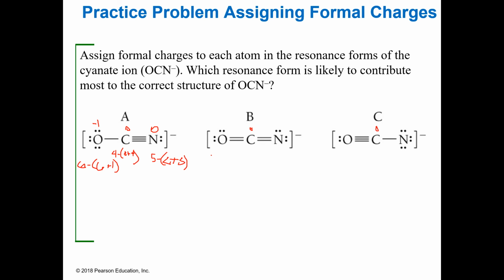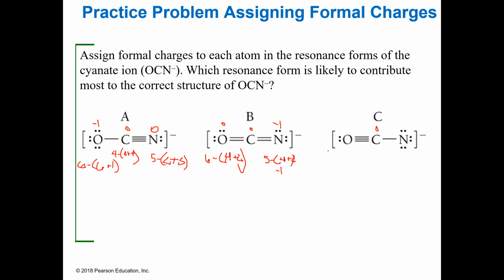Let's look at oxygen here. I have 6 minus, I have 4 non-bonding, 4 bonding, so half of that is 2. So I have a formal charge of 0. Nitrogen here, 5 valence electrons, 4 non-bonding, 4 bonding, half of that is 2. So I have an overall charge of -1.